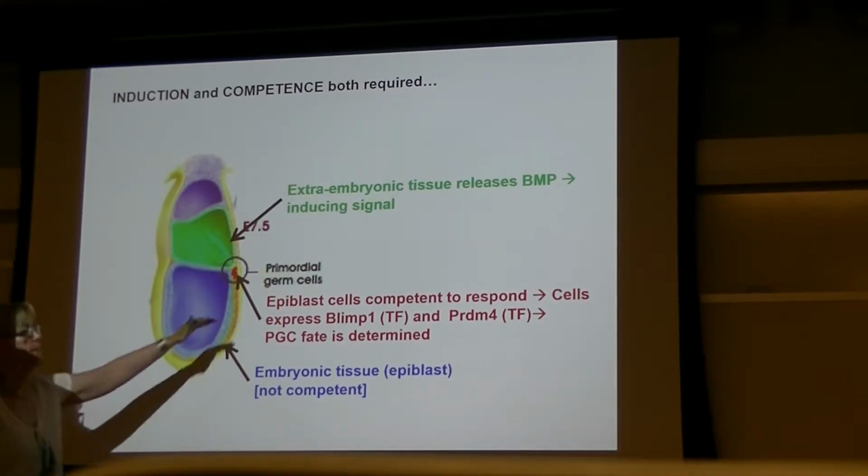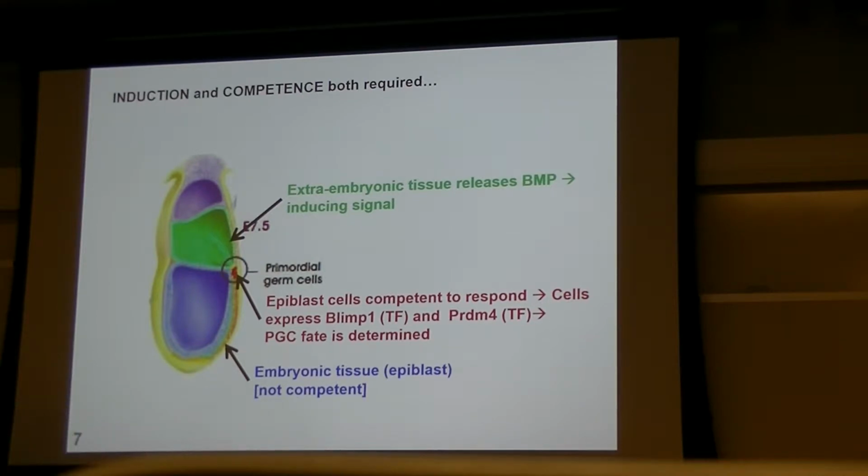This is the first time we've talked about the idea of competence. Not all cells would necessarily be able to respond to an inductive signal. Sometimes they have to be prepared in terms of their lineage, their location, or their own set of genes that they're expressing.